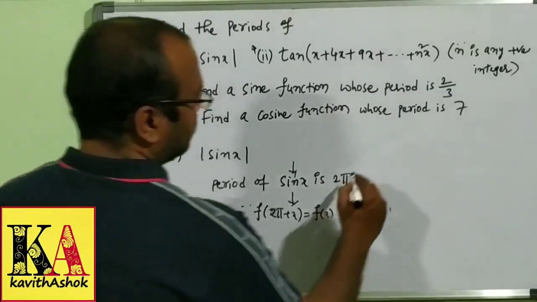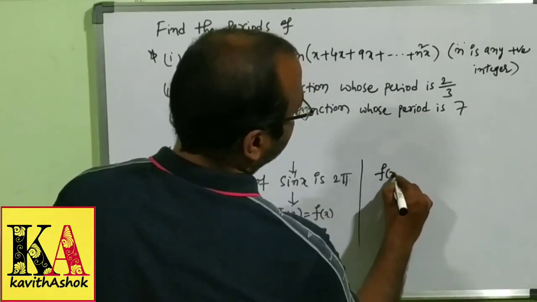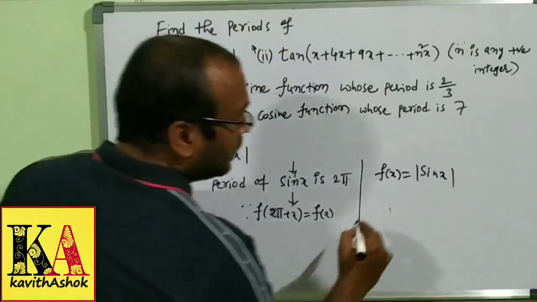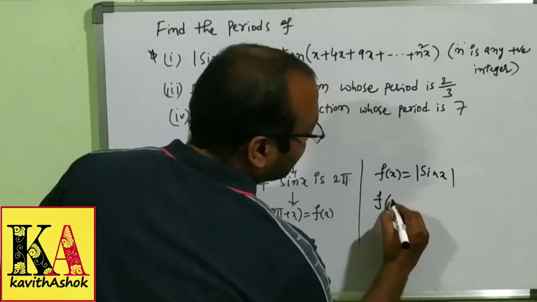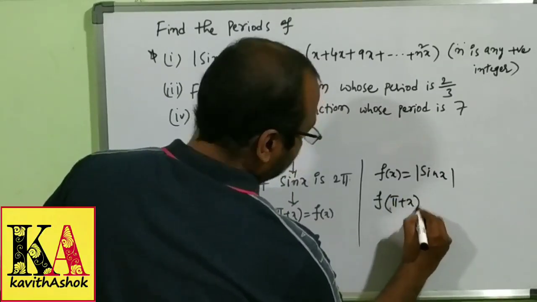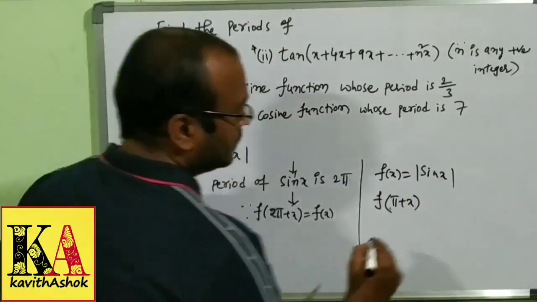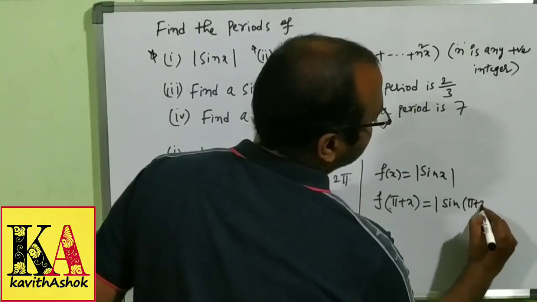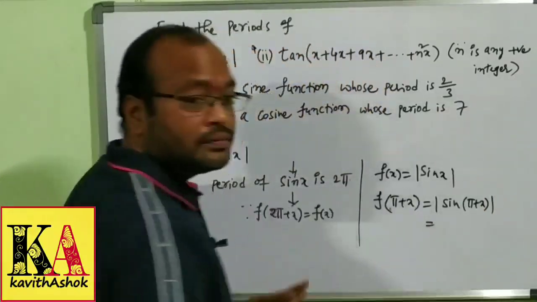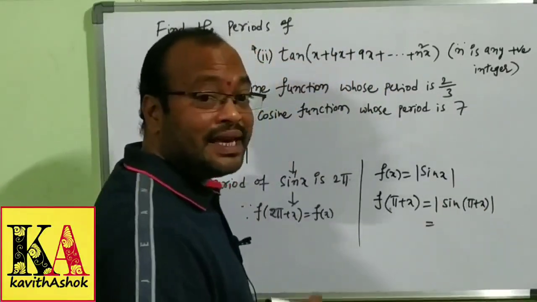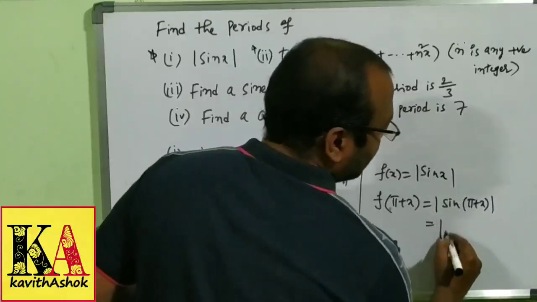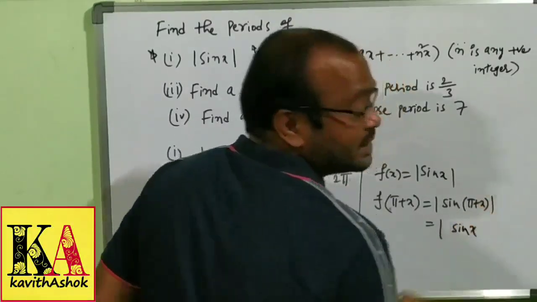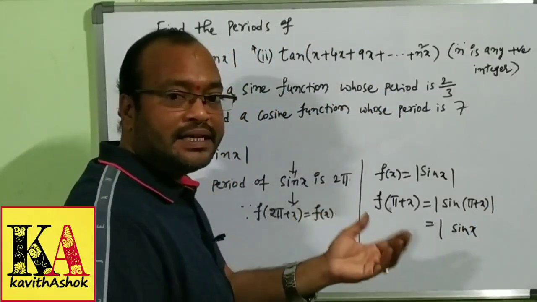But in this function, if you take f of x is equal to mod sin x, and we take pi plus x in place of 2 pi, just taking pi, what can we get? Sin of pi plus x. Pi means 180 degrees. This is an even multiple of 90, so there is no change in the function, it is simply sin x. Pi plus theta, in the sense 180 plus theta, is in the third quadrant.